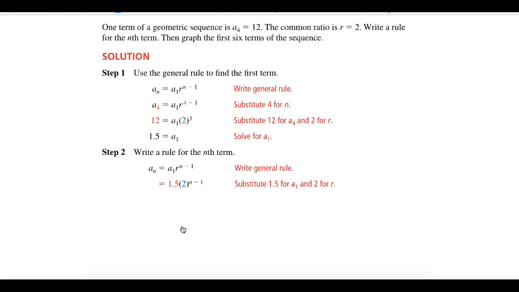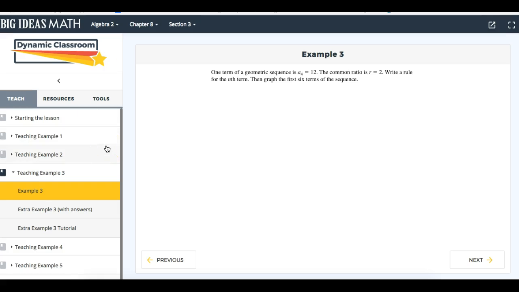That's all we do. That is literally it. We go through the same steps as before. We use a_4 and 12 to figure out what our first term is, and then just plug our first term in and the ratio that we know to get our general rule. It's really, really simple.